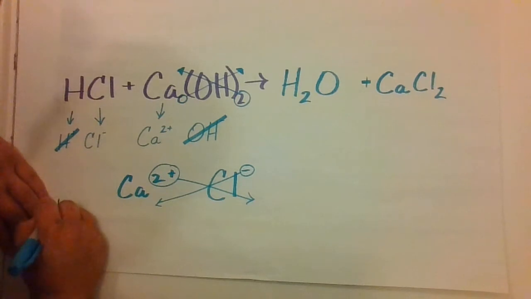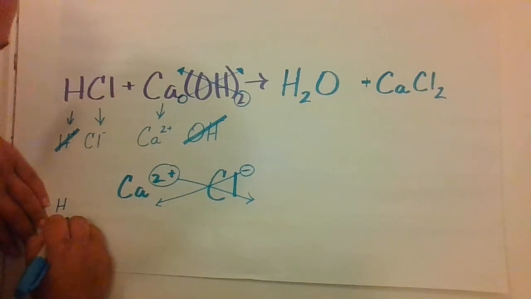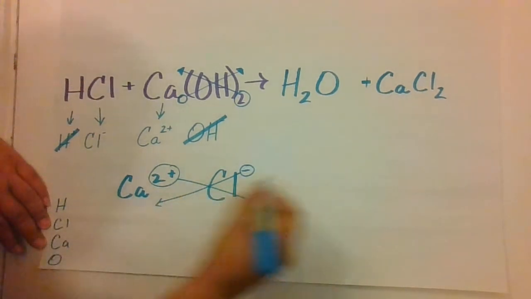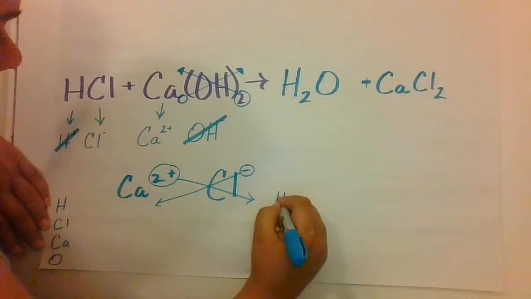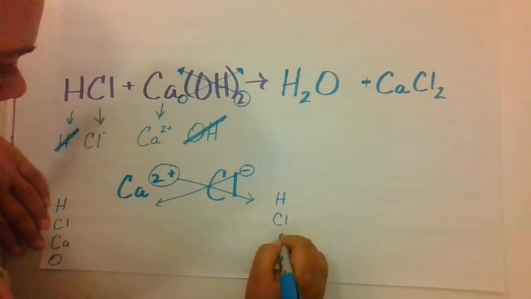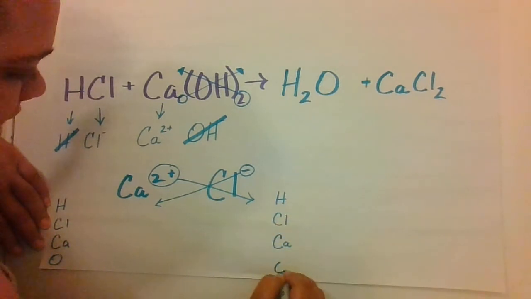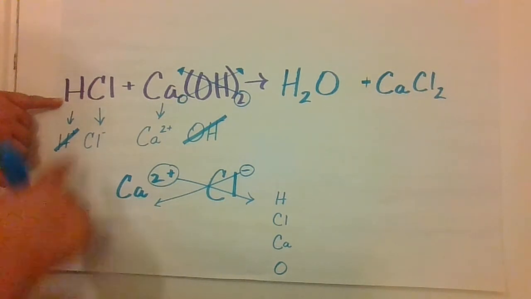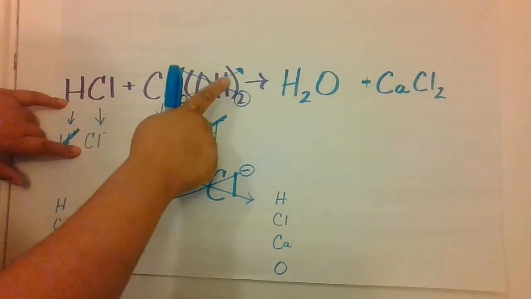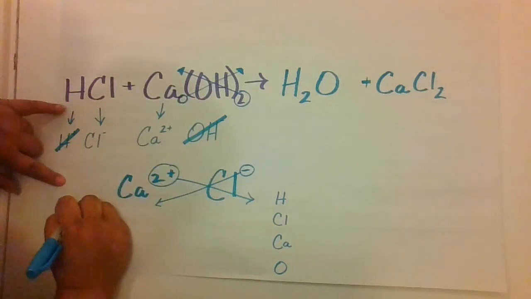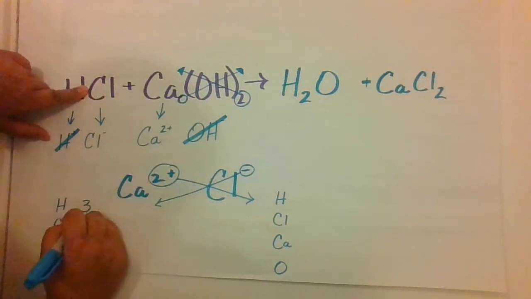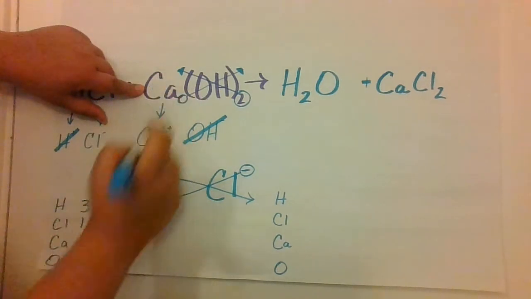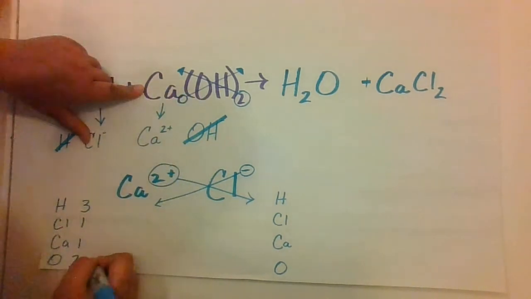I have hydrogen, chlorine, calcium, and oxygen. I'm going to do the same thing for the other side, leaving that shopping list in the exact same order. Let's count these up. I have 3 hydrogens, 1 chlorine, 1 calcium, and 2 oxygens.